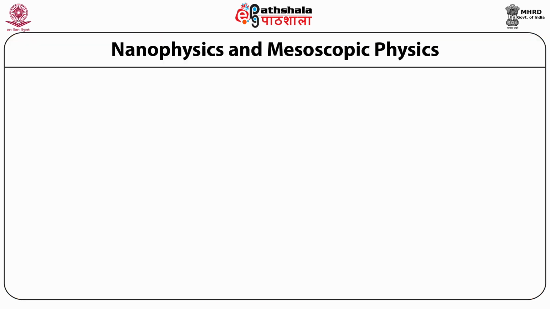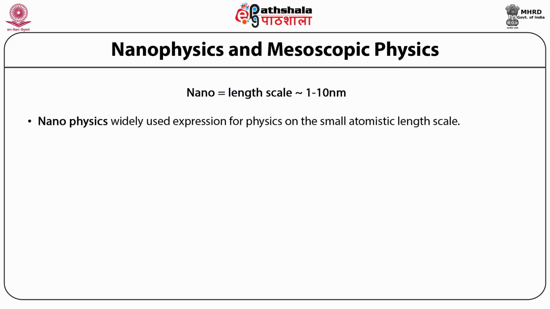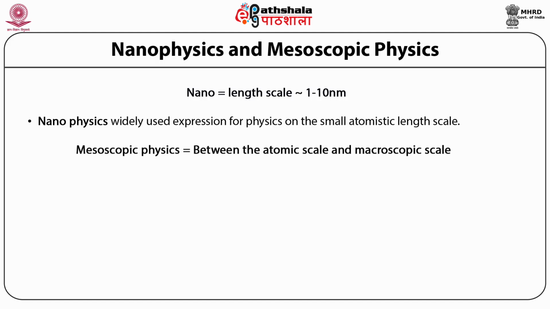So now students, let us discuss nanophysics and mesoscopic physics. Nano means the length scale is around 1 to 10 nanometers. Nanophysics is a widely used expression for physics on the small atomistic length scale. Mesoscopic physics is between the atomic scale and the macroscopic scale.